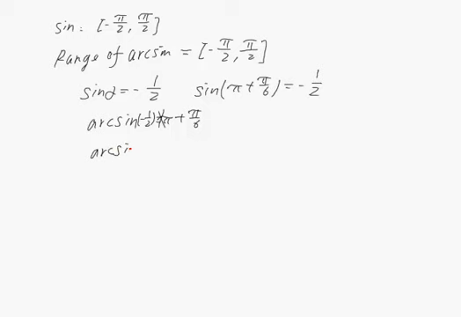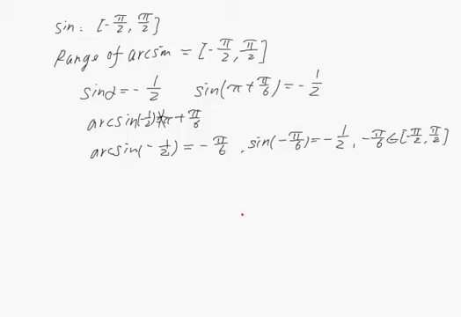So the arc sine of negative 1/2 should be equal to negative pi over 6, because we know the sine of negative pi over 6 is equal to negative 1/2, and also this negative pi over 6 is in the range of the arc sine, in this closed interval from negative half pi to half pi.